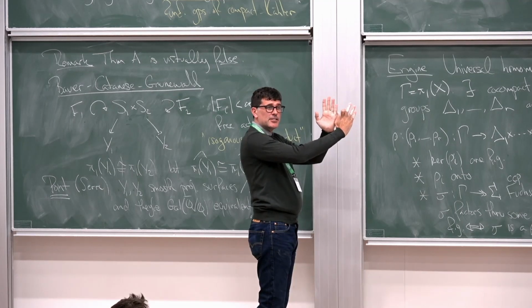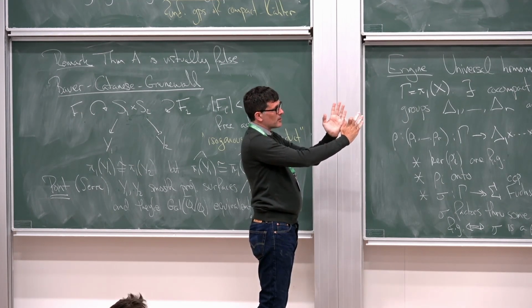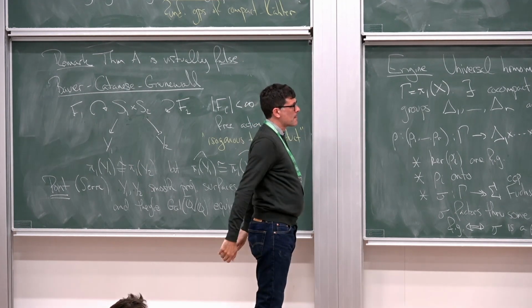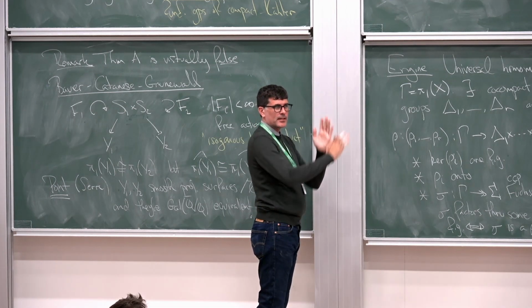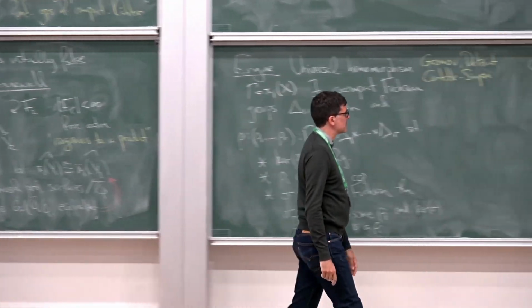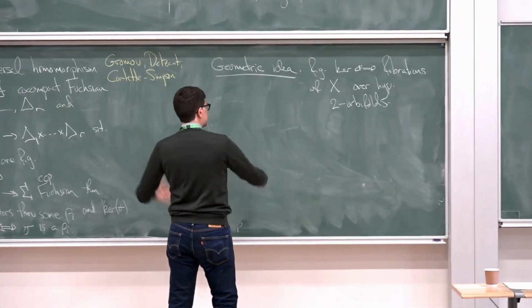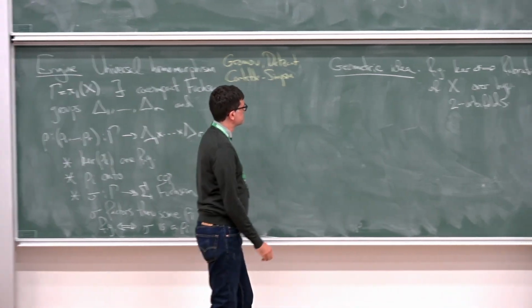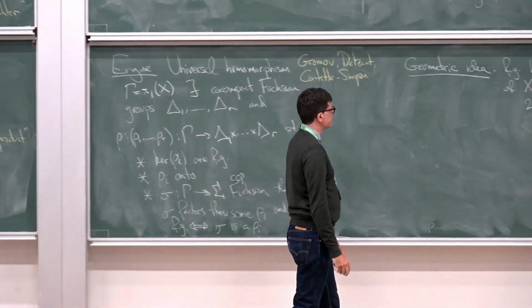That's how you see finite generation of the kernel, because the kernel of that homomorphism will be the image, at least, of the fundamental group of a general smooth fiber. Okay? And the point is that this is actually a bijection, for the theorem.